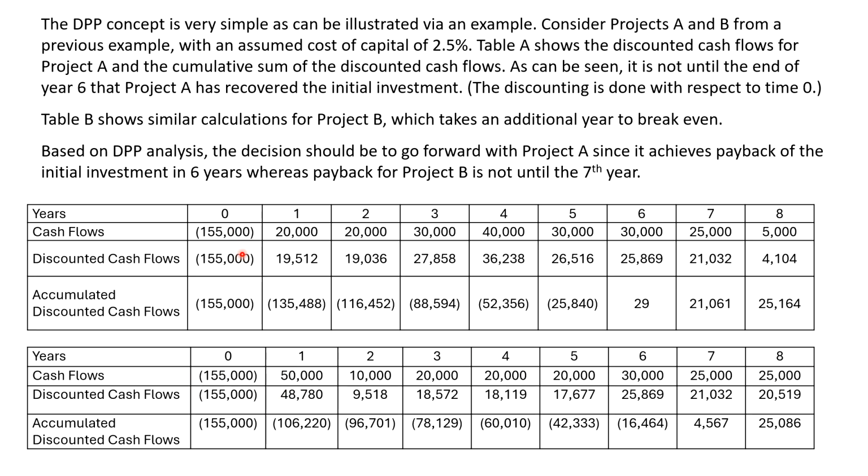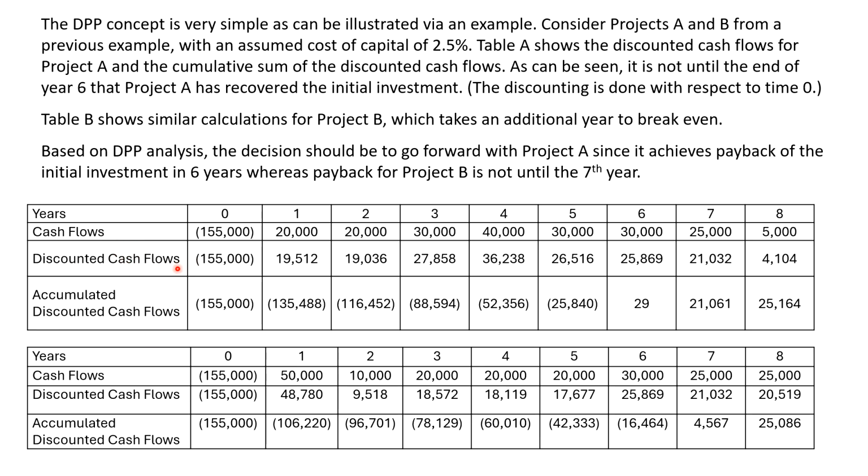You notice both projects have an initial investment of $155,000. And the DPP analysis entails when the accumulated discounted cash flows first become positive. So we'll do that computation for each project.